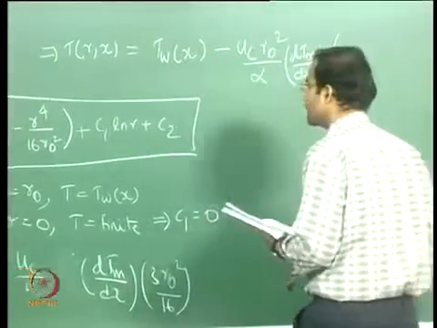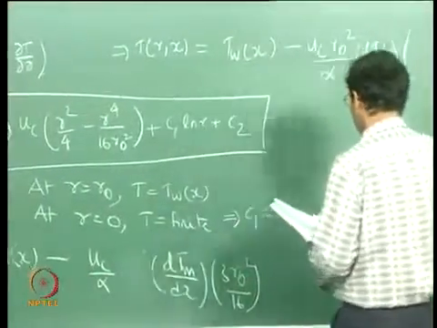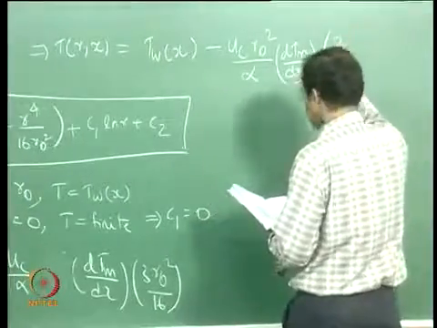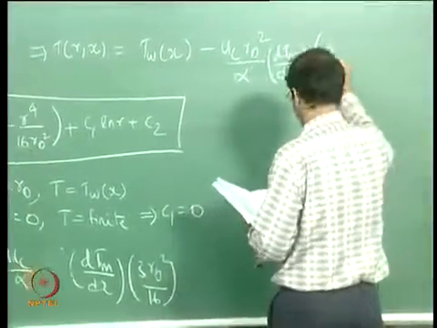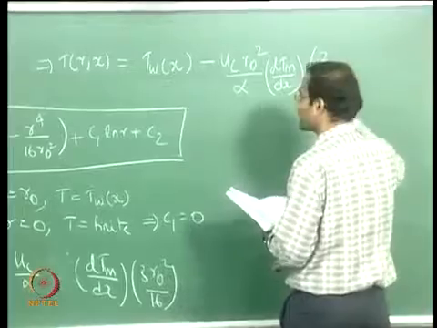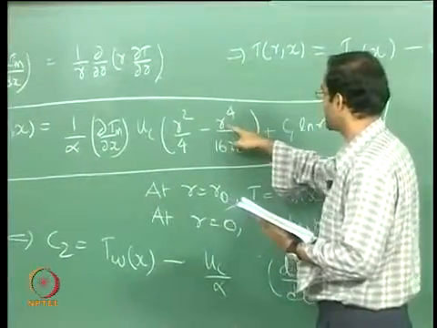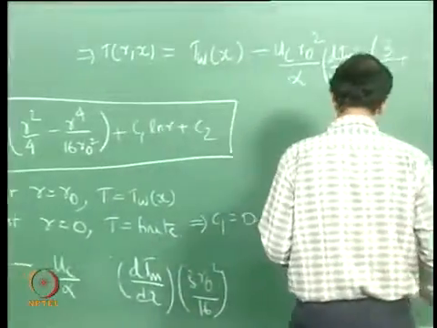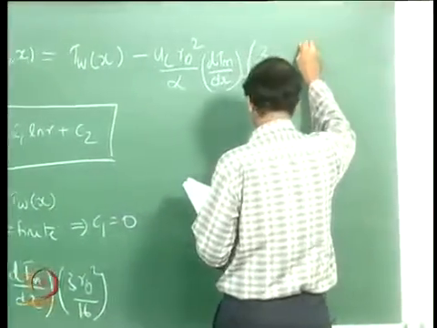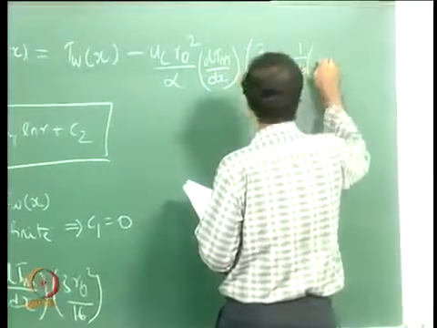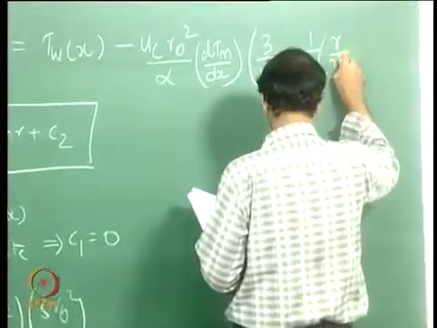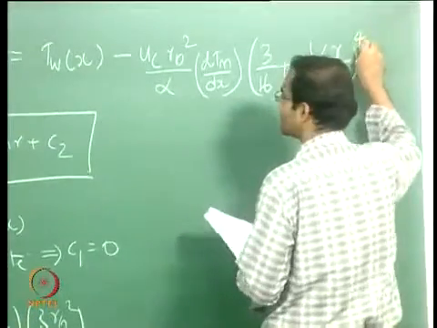So this will be left with 3 by 16, plus you have 1 by 16 r by r naught the whole power 4.